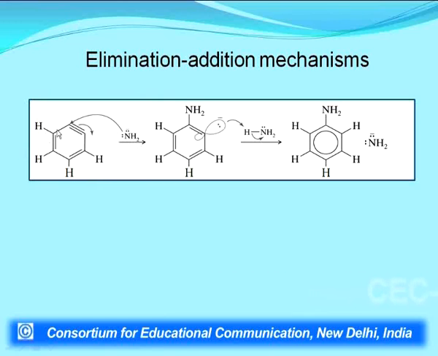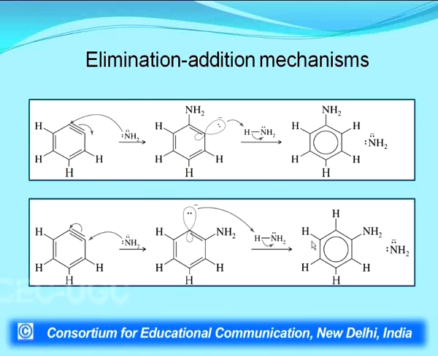The amino group may attach to this carbon, or it may attach to this carbon, which means we may have the amino group on this carbon as well as on this carbon. So, there is equal probability of formation of two products, and both products will be formed, which is shown here. If this amide attacks on this carbon, the pair of electrons will go there and then we will have amino on this carbon.